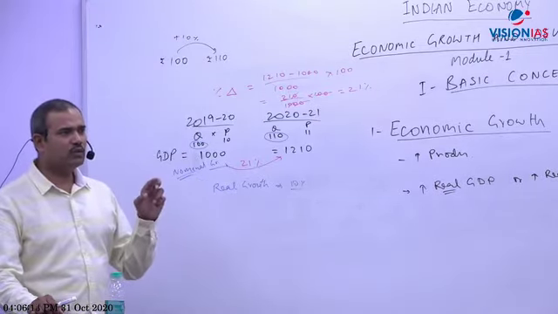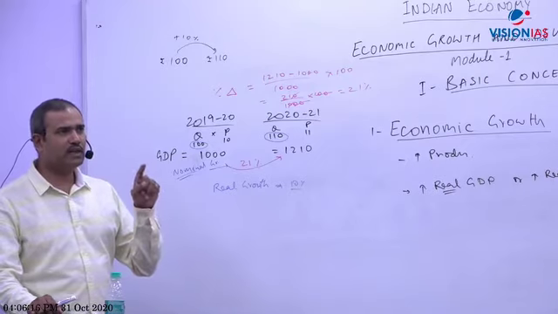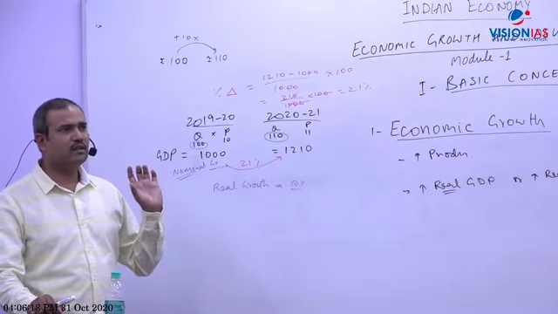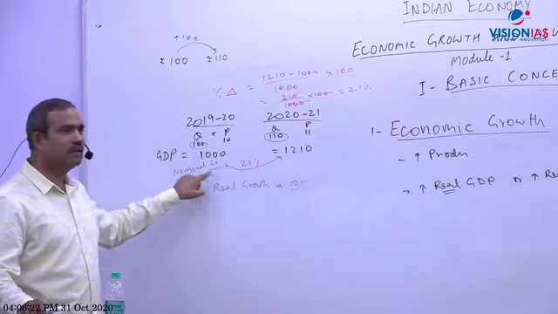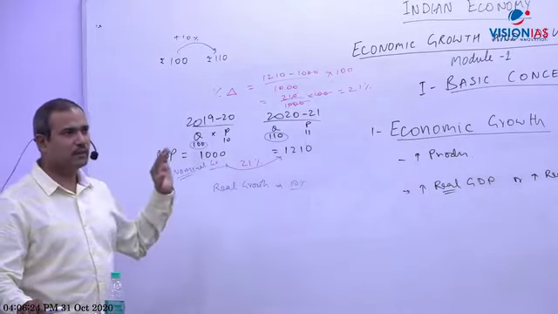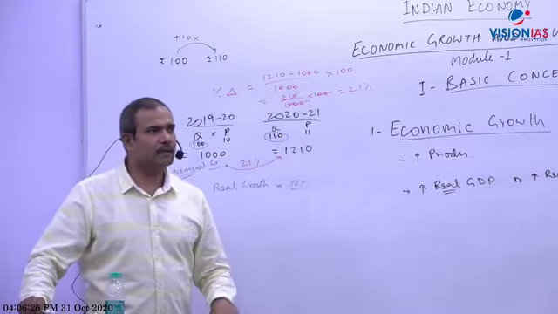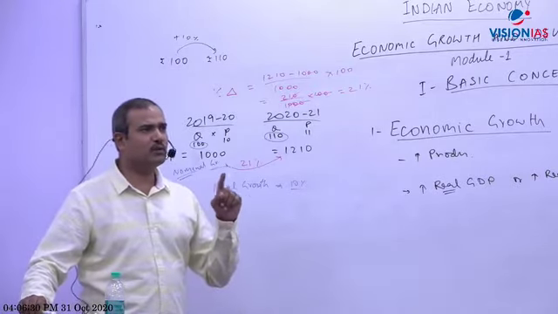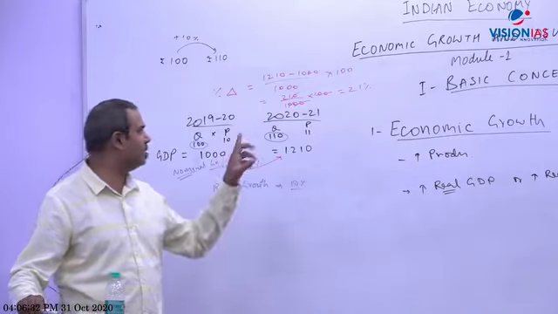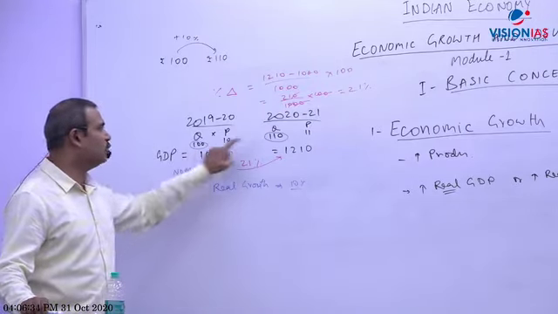Pratik, you have given growth of quantity and price increased by 21%. Yes, that is nominal, money value increased by this. Then Palak, you said it will be 11% because there is a change in price. Not 11, 10%: 100 to 110 is 10%.